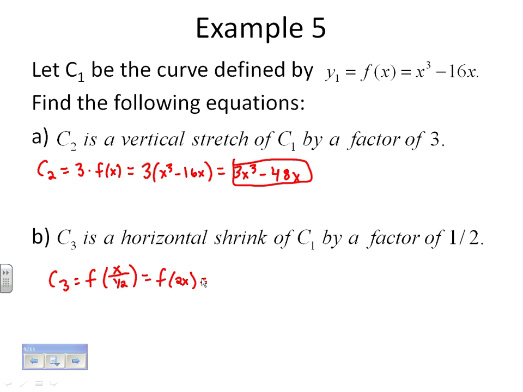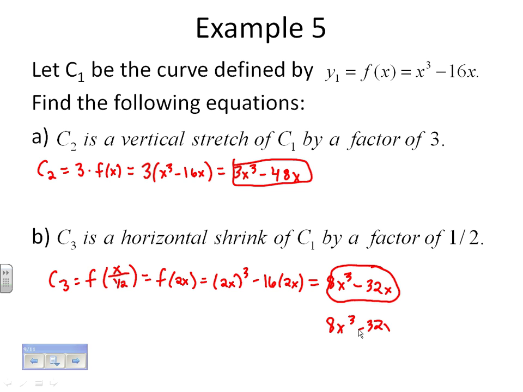So I can plug the 2x into my function where x is, and then simplify this. 2 cubed is 8, x cubed is x cubed. Negative 16 times 2x is negative 32x. So that would be C3, which is 8x cubed minus 32x. Okay, so let's look at combining these different transformations.